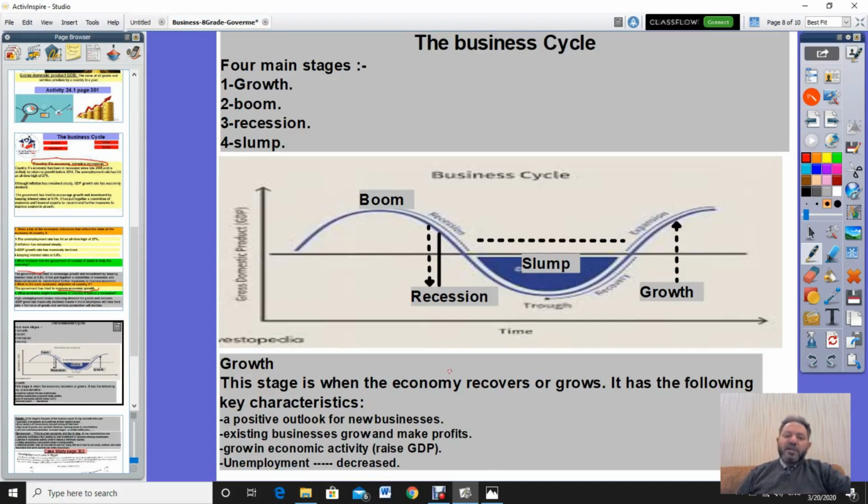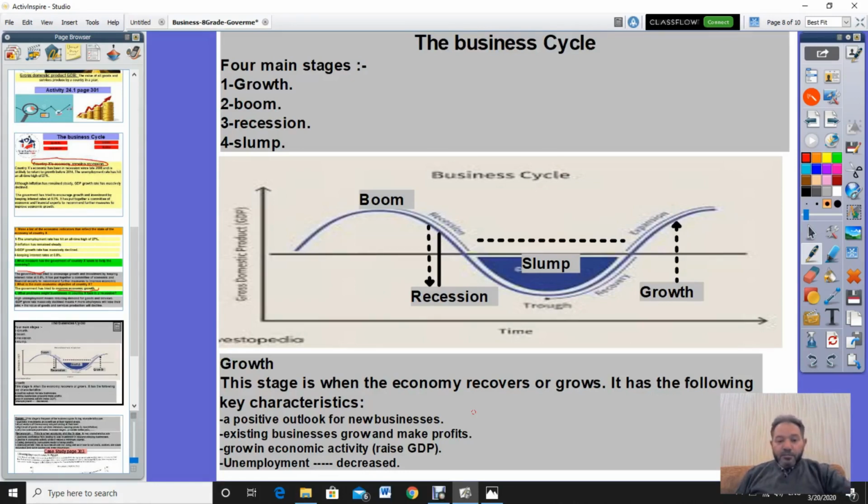Okay. The first one is the growth. The growth is the stage when the economy recovers or grows. It has the following key characteristics. First, a positive outlook for new businesses. Second, existing businesses grow and make profits.